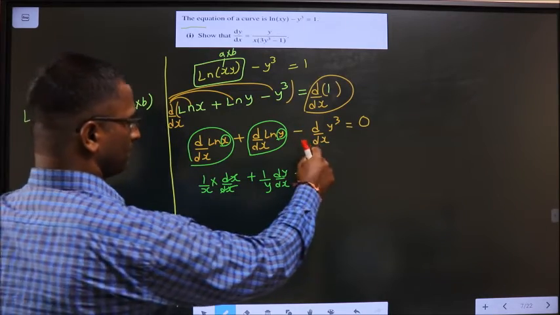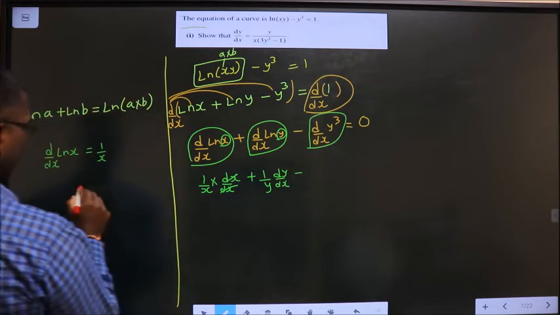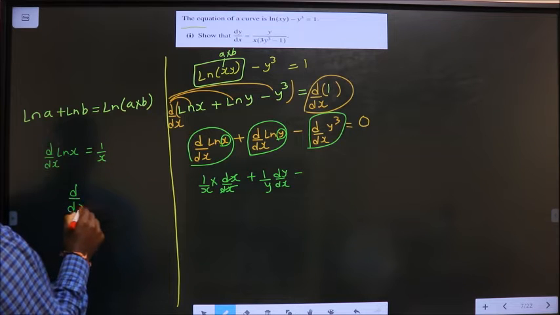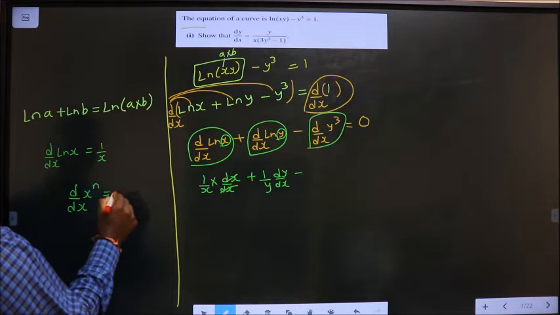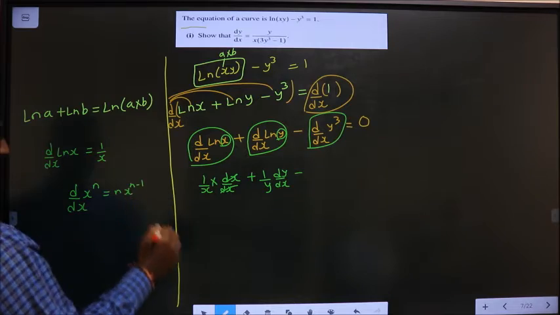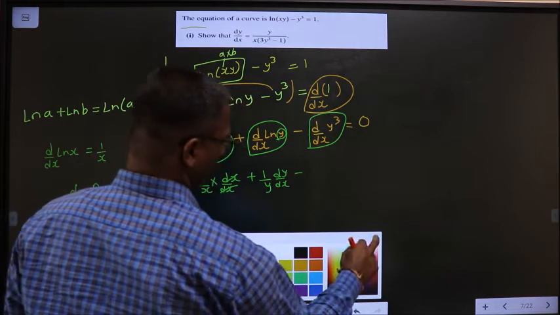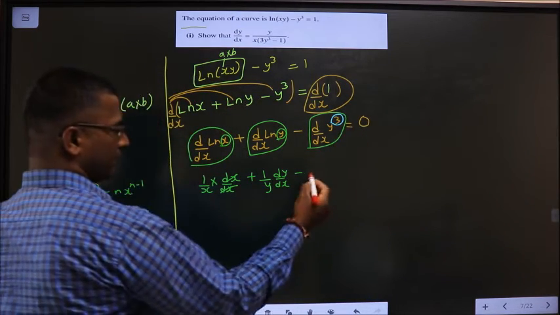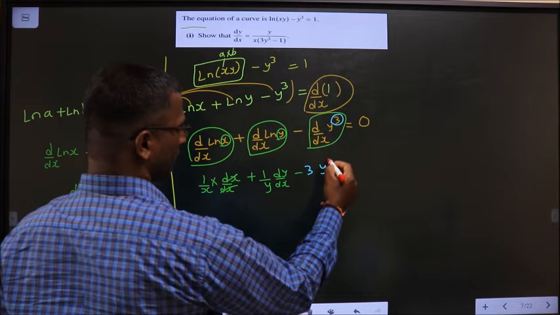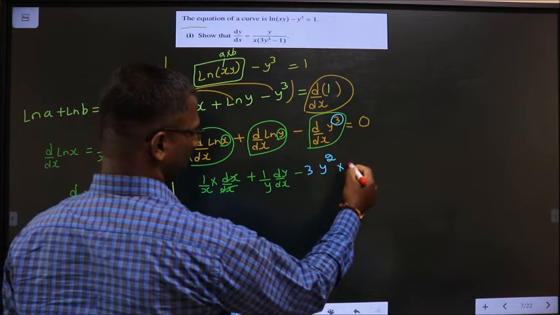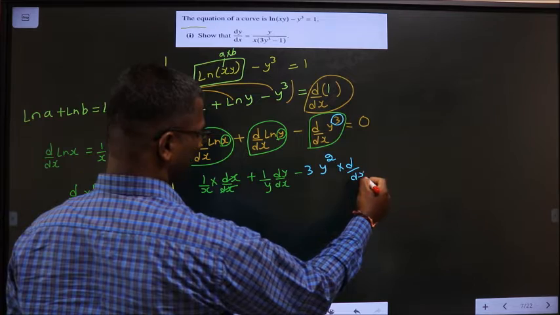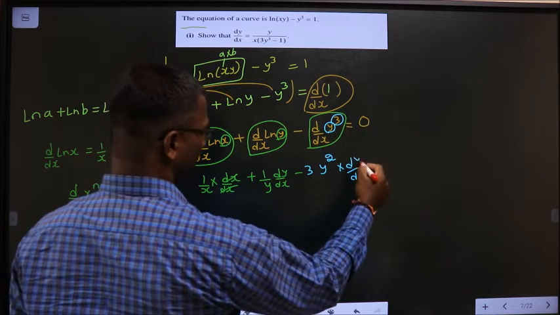Now here, make use of the formula d by dx of x power n is n x power n minus 1. So in place of n I have 3. So 3 into y power 3 minus 1, which is 2, into, as good practice, d by dx of the letter y.